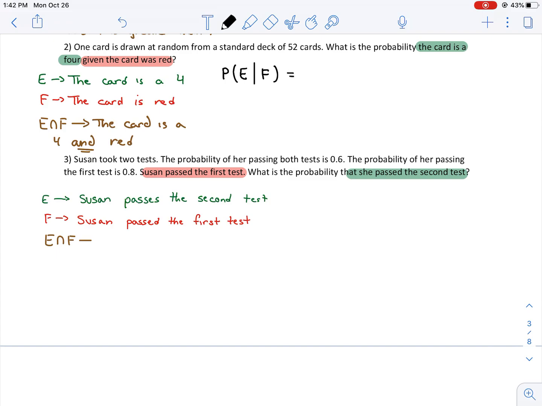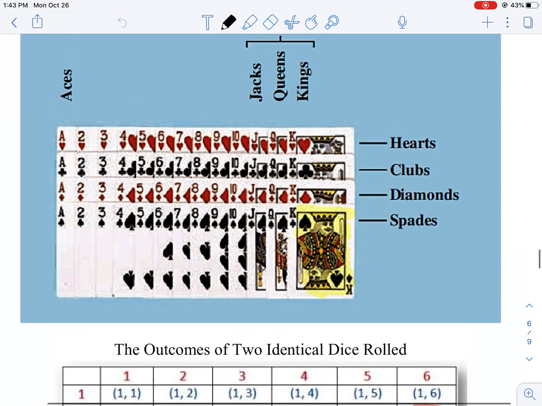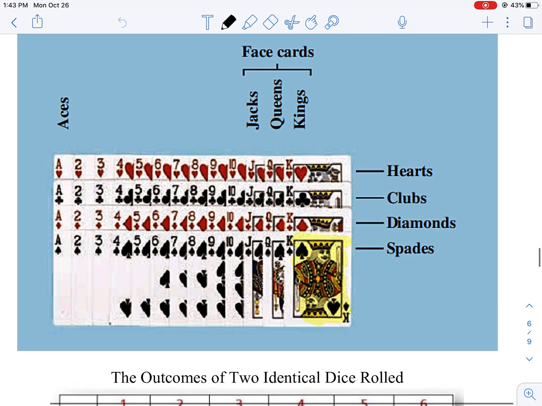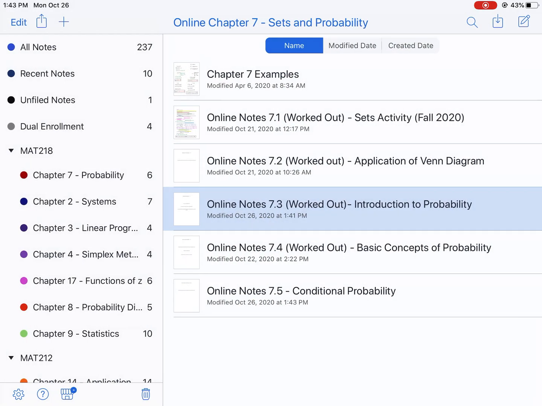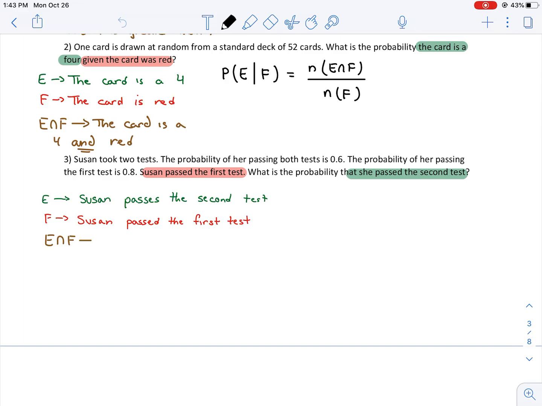All right, since the chart gives raw numbers, the probability of E given F is the number of elements in E and F divided by the number of elements in F. So let's go to the chart and figure out how many red cards there are. If we take a look at this chart, exactly half of the deck is red. So in this case, there's 26 red cards. So the denominator is going to be 26.